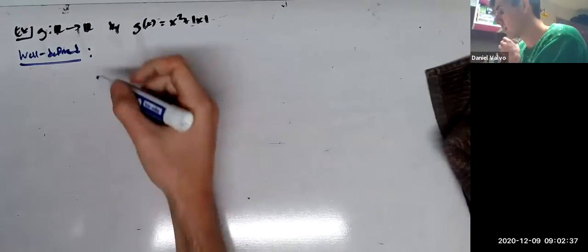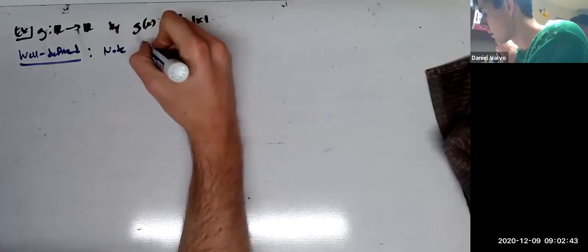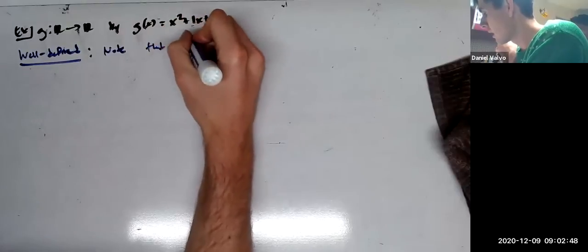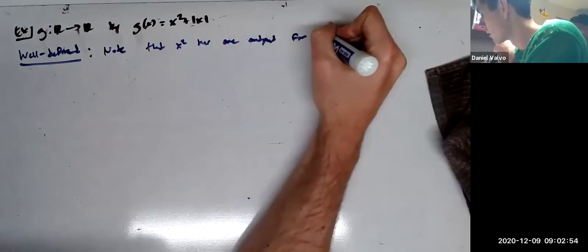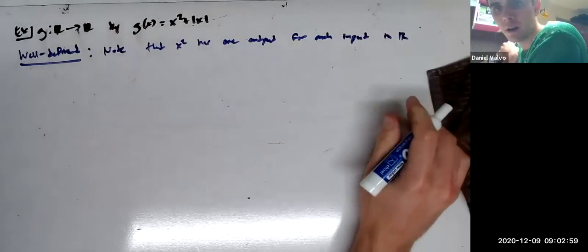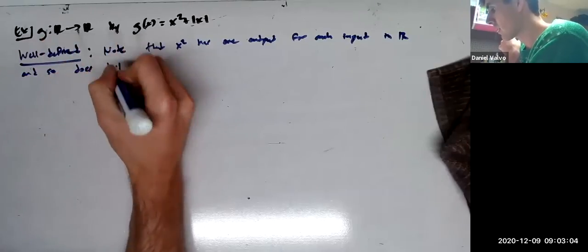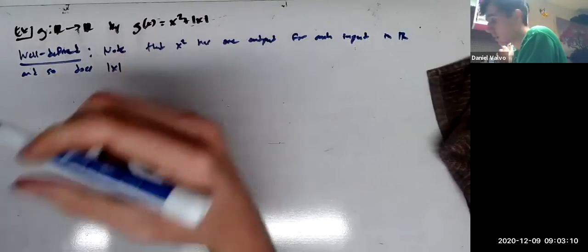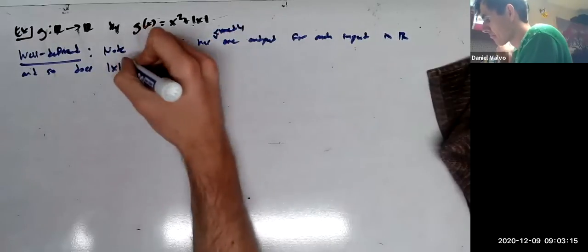So let's note that x squared has one output for each input in R, and so does the absolute value of x. For every input, both just give us exactly one output.